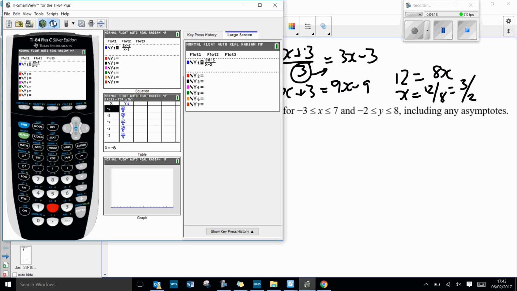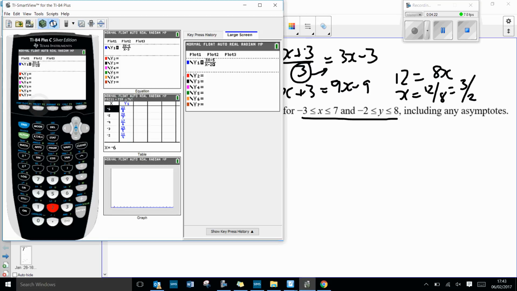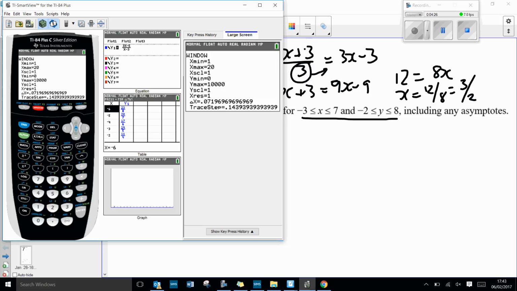And they've specifically asked for this range of values, so I'm going to change my view window before I enter it. So we're going from negative 3 to 7 on the x-axis. And we're going from negative 2 to 8 on the y.